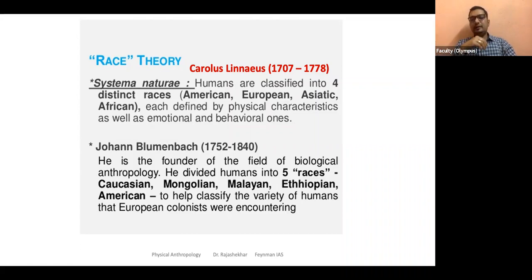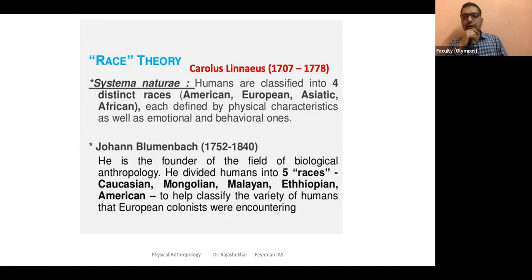What Carolus Linnaeus had done, he observed the differences and similarities among these organisms, and classified them together. If they are similar, he put them together, and if they're different, he put them in different categories. So he became the father of classification. He also could see the differences among humans. And what was the basis for this? Physical differences. Plus, they always try to connect the physical differences to emotional and behavioral differences.